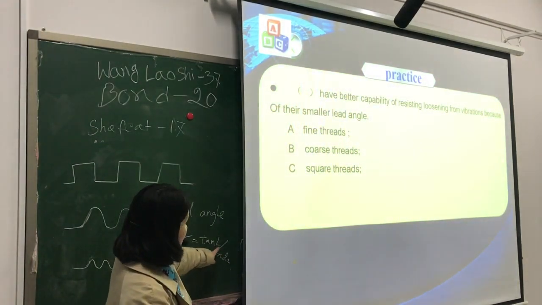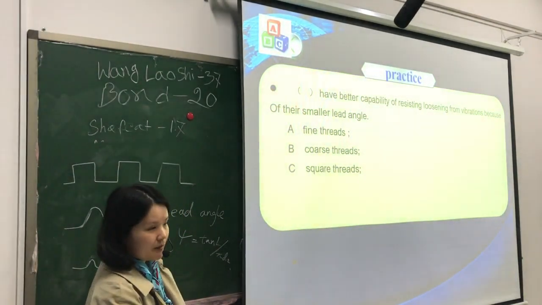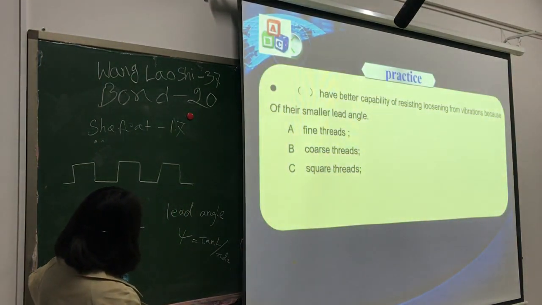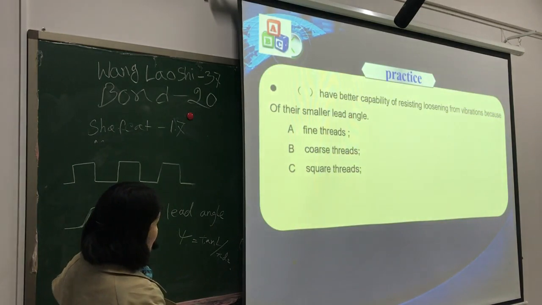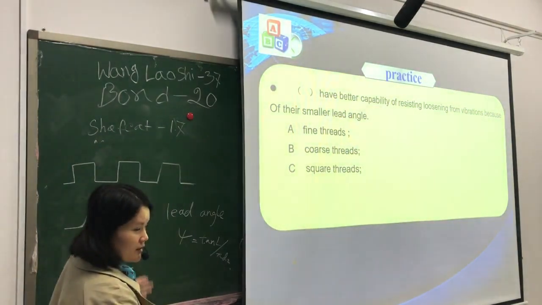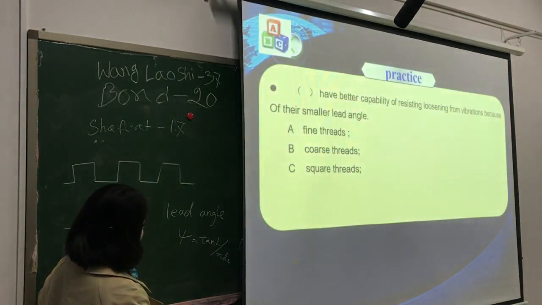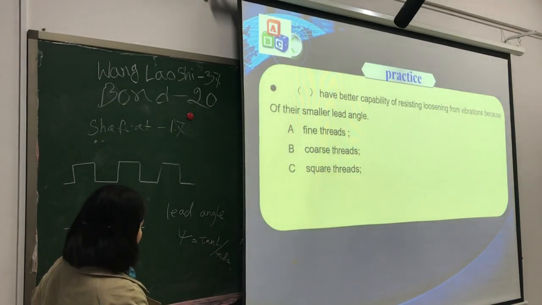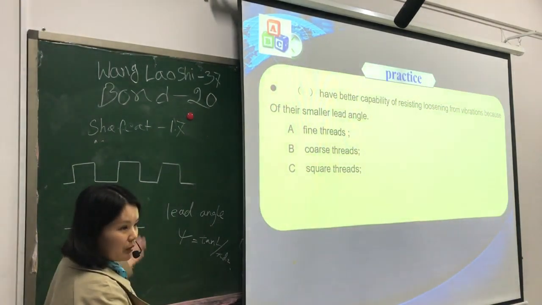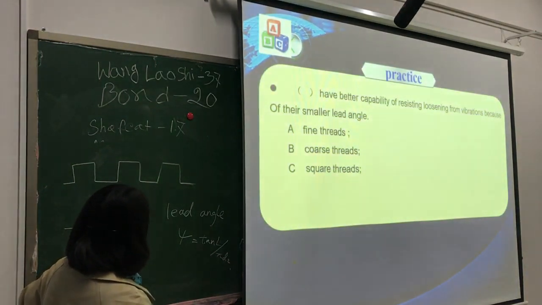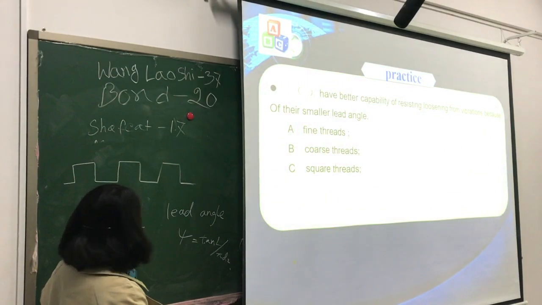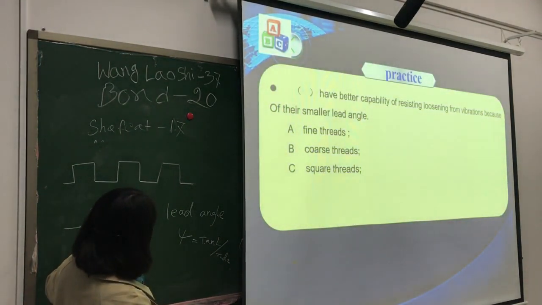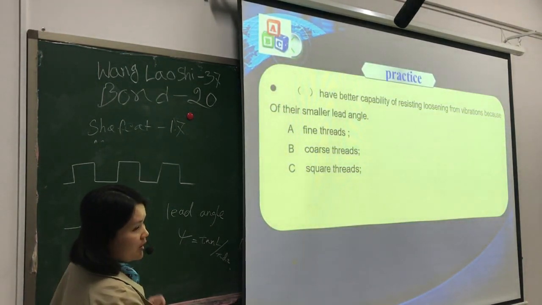L is the lead, and the lead is the actual distance the mating thread will advance in one revolution. For the fine thread, the L is small, and for the coarse thread, the L is large.